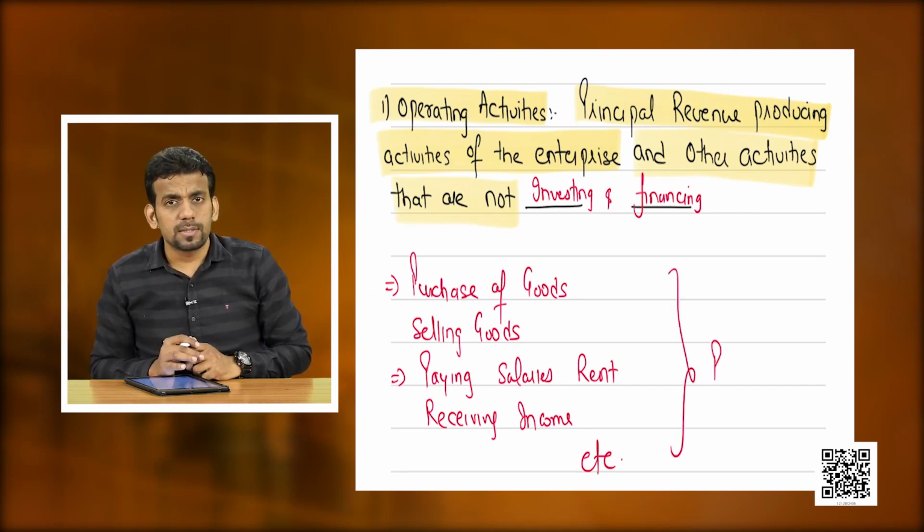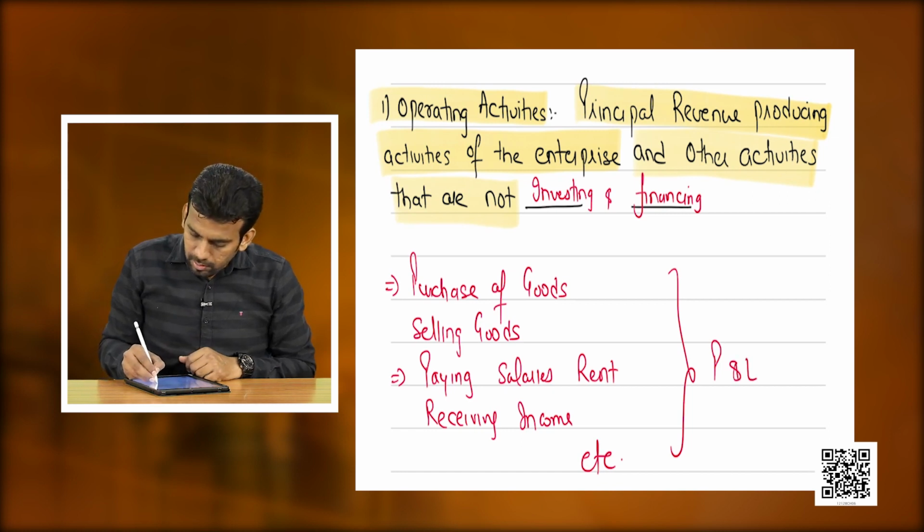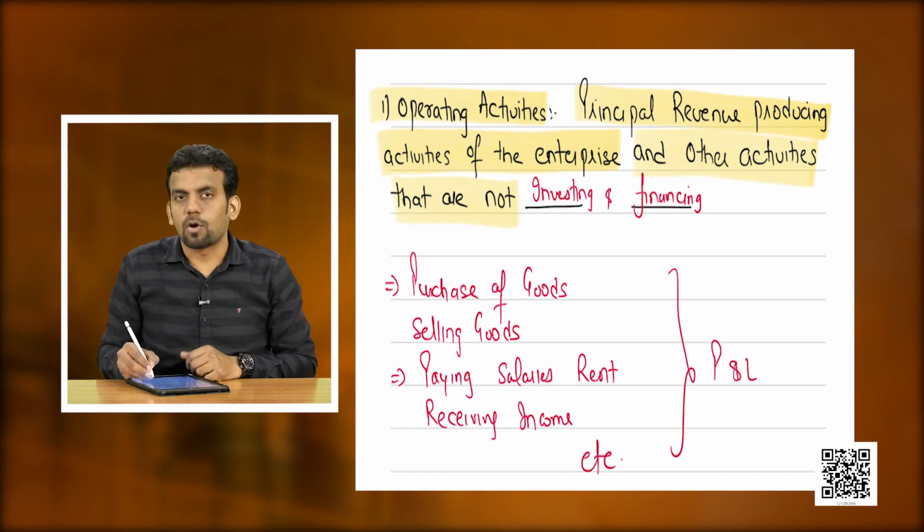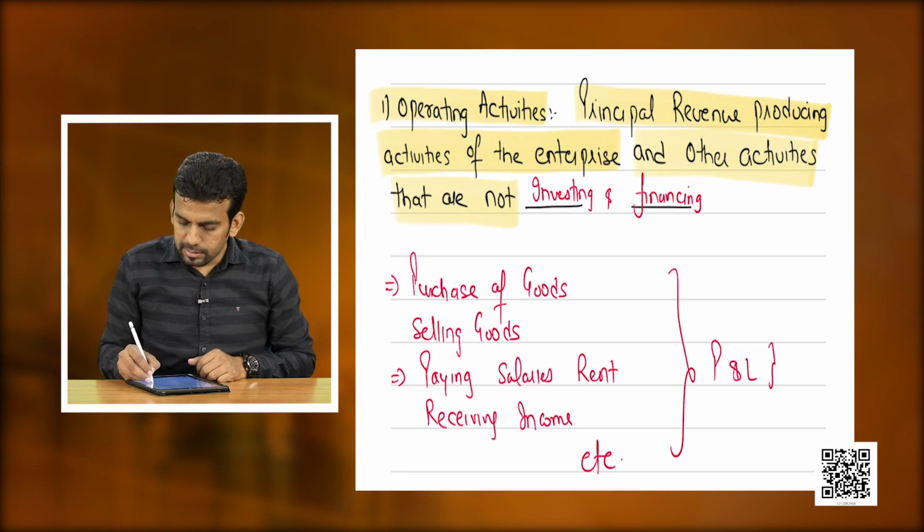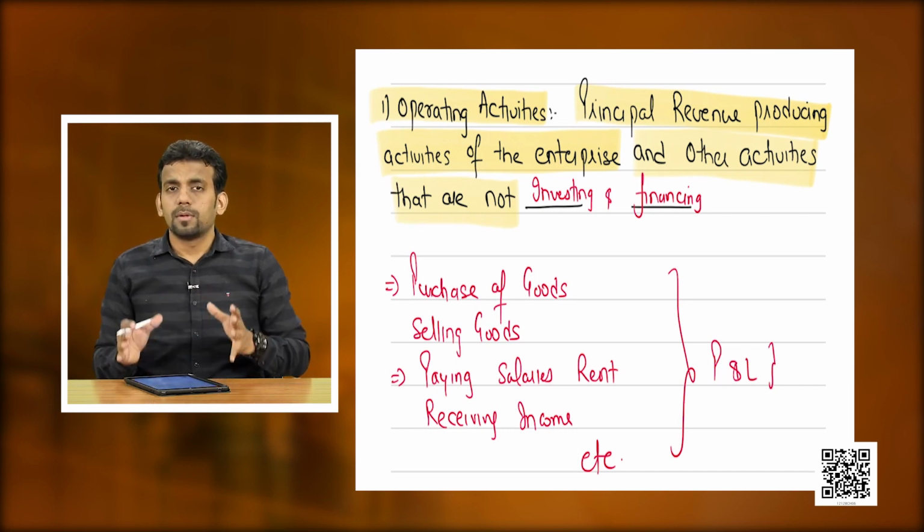So, my dear students, we would be starting with the balance of profit and loss, because while calculating profit, we have already deducted all the expenses and added all the incomes.